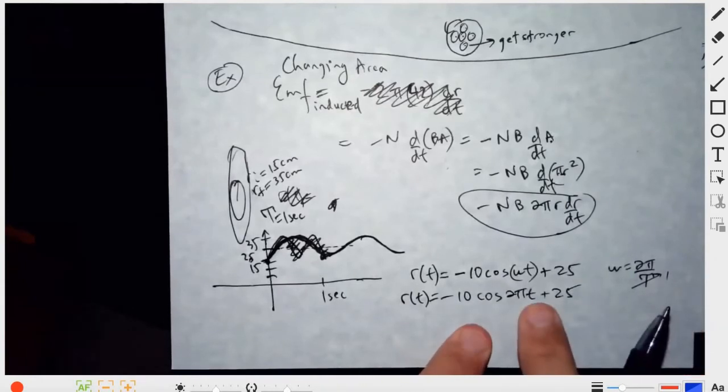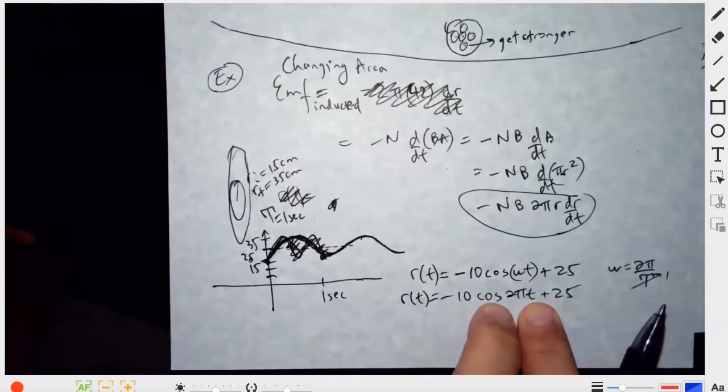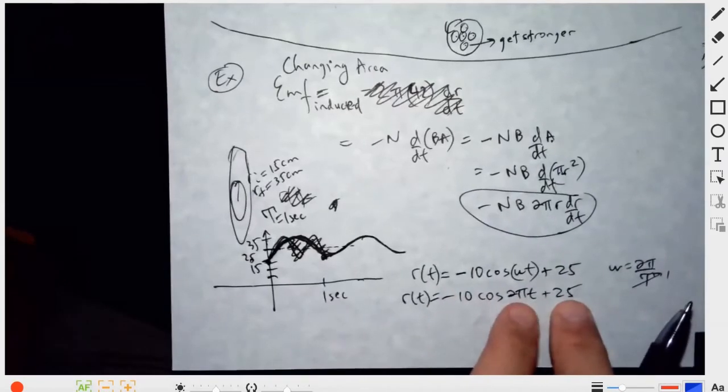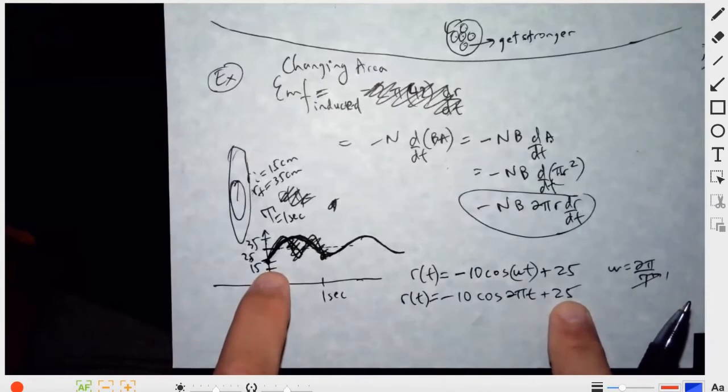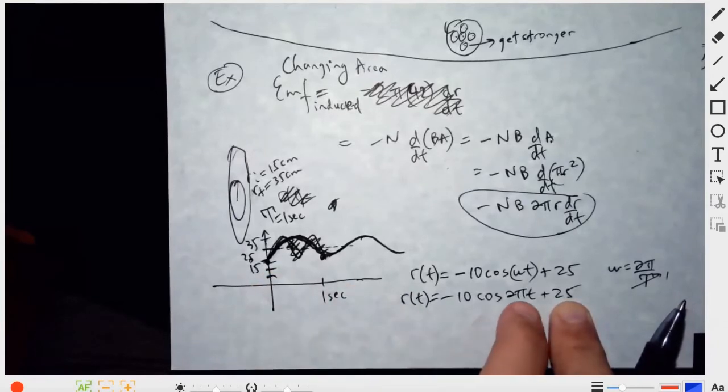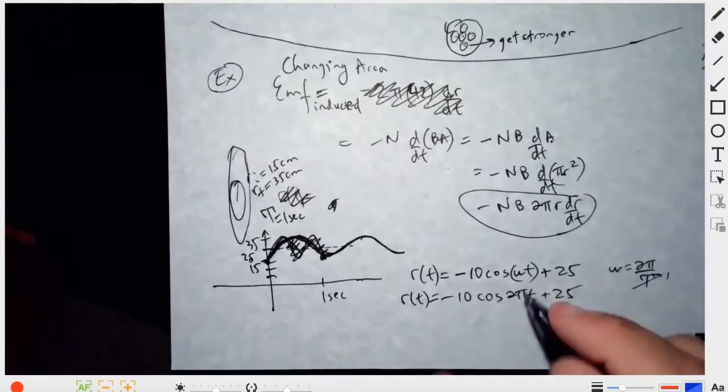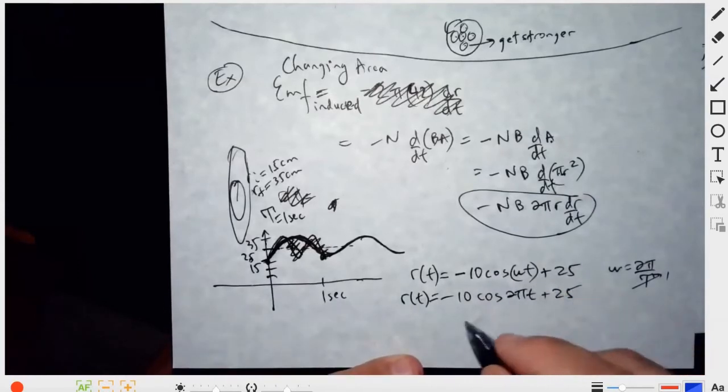So if you put t as 0, you're going to get negative 10 plus 25, 15. Yep. And then if you put t as 1, you're going to get cosine of 2 pi, which is 1. So if you put half a second, what should you get?